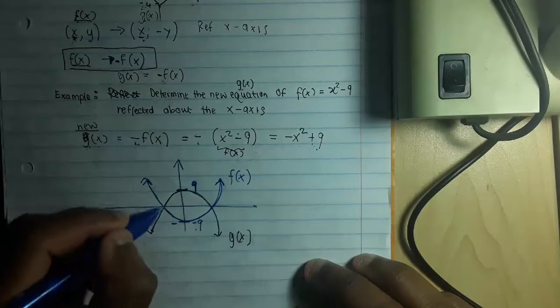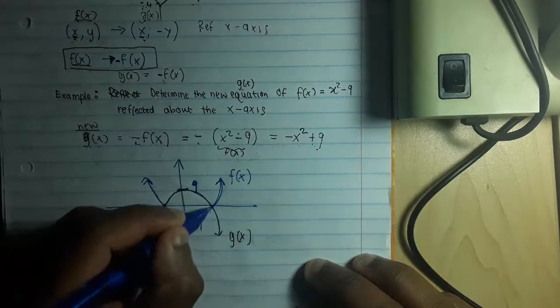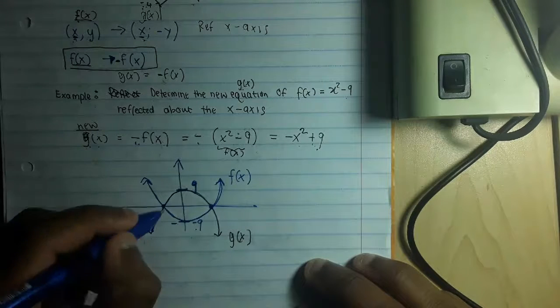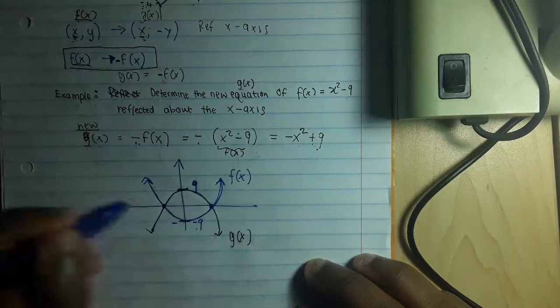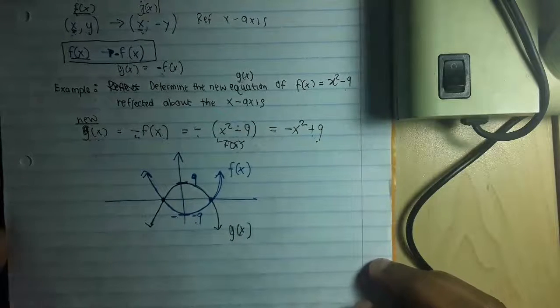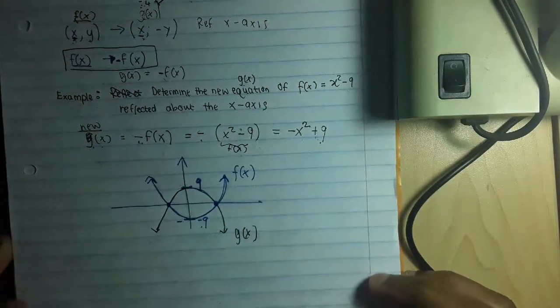And if we look at these x-intercepts, we said that the x value did not change. Do you see that the x-intercept on this specific graph has remained the same? So that's it for reflecting a graph about the x-axis.